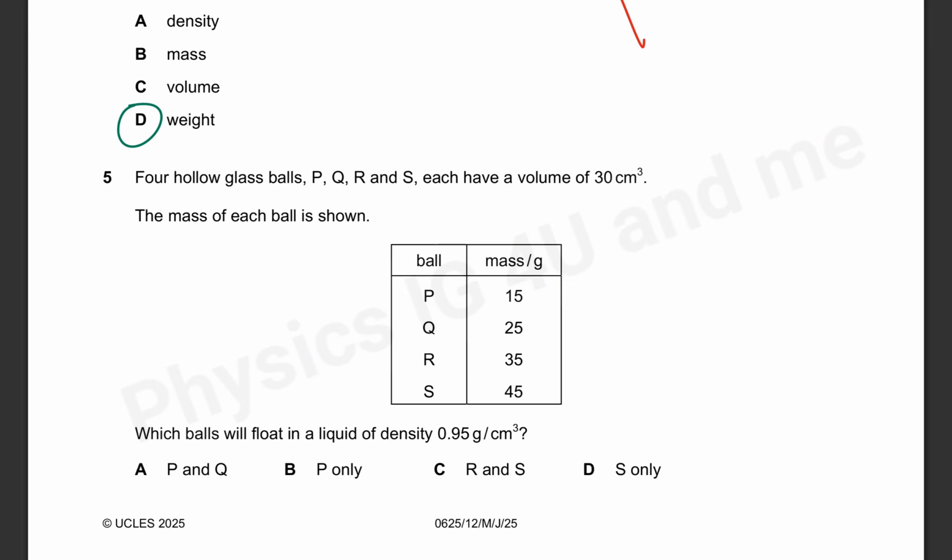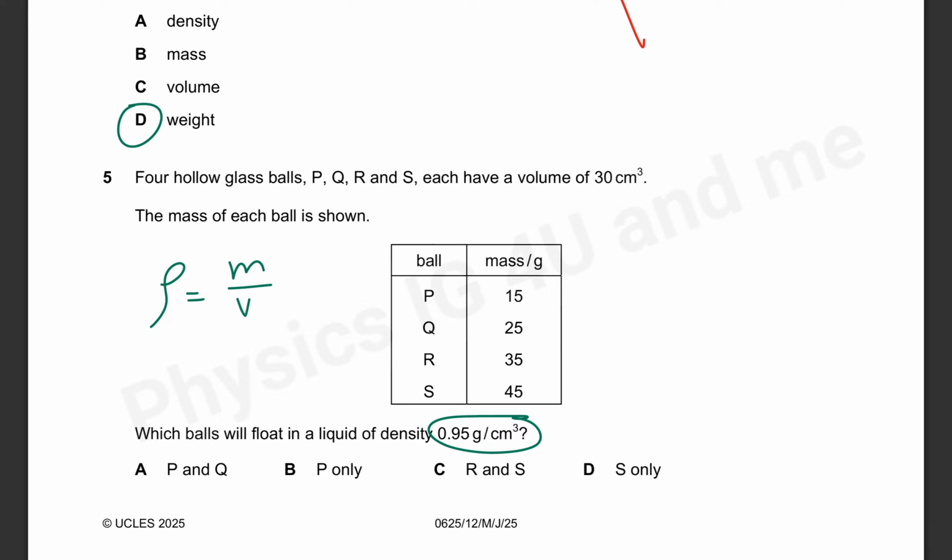Now they say, which balls will float in a liquid of density? In order to float inside the liquid of a certain density, I have to calculate the density of each one of them. So if I calculate the density for P, let's remember density equals mass over volume.